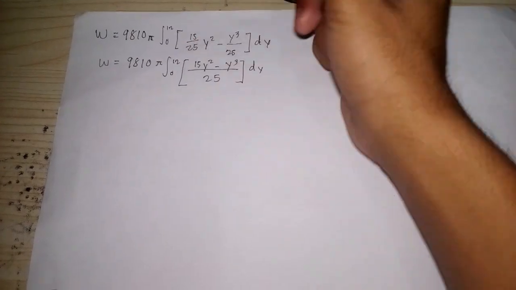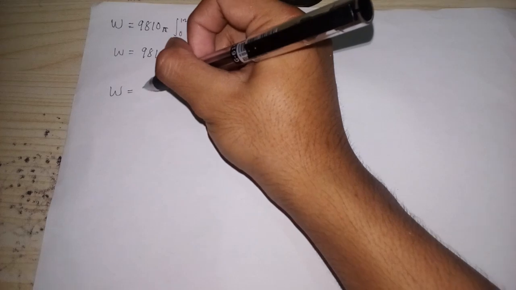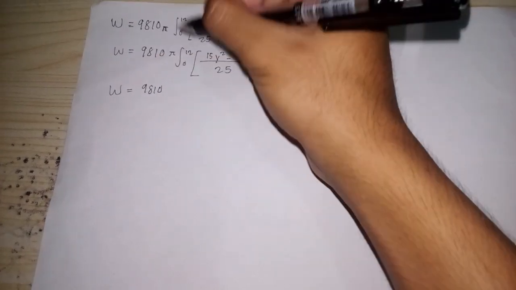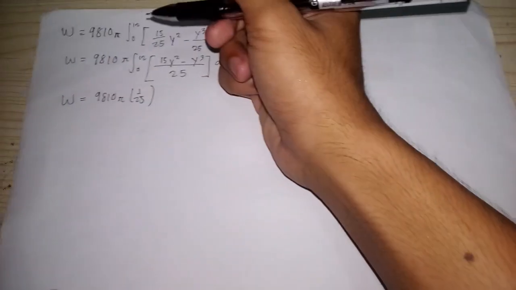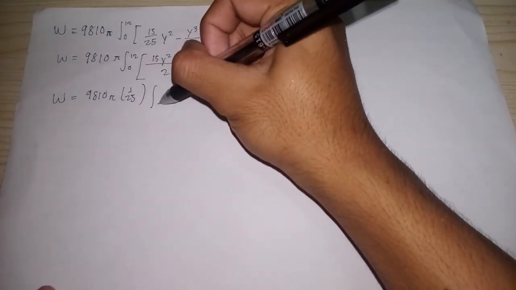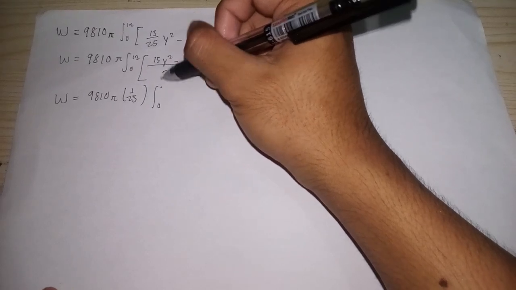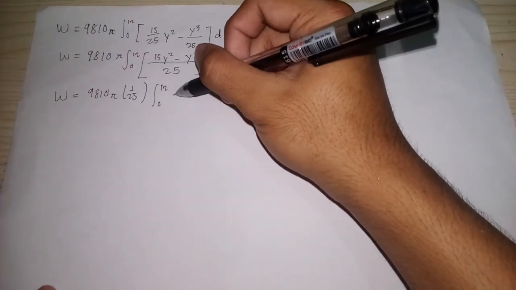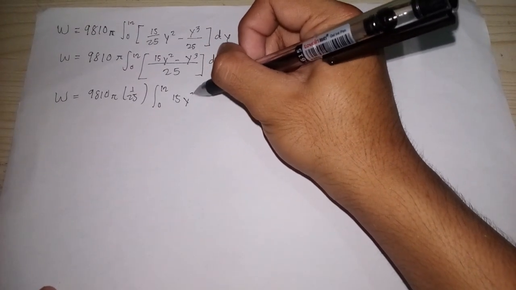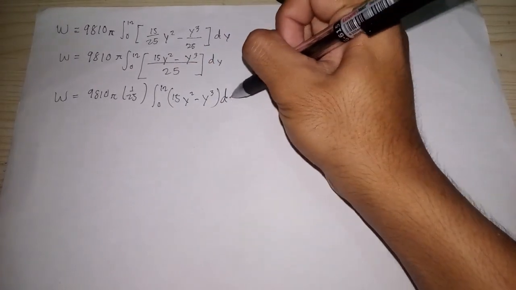Now if we move 1 over 25 outside, this will look like this: pi times 1 over 25, of course, the integral from a to b, which is 0 to 12, of 15y squared minus y cubed dy.